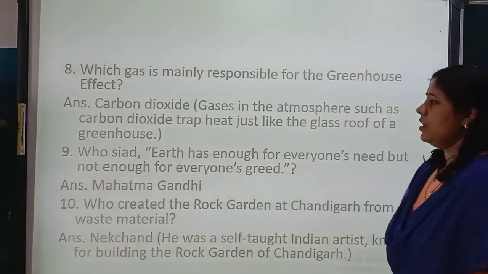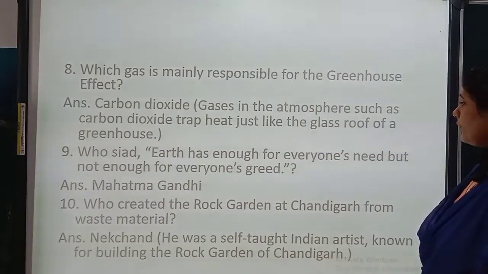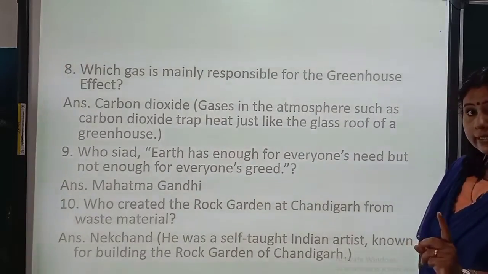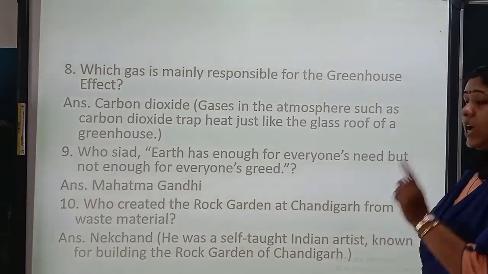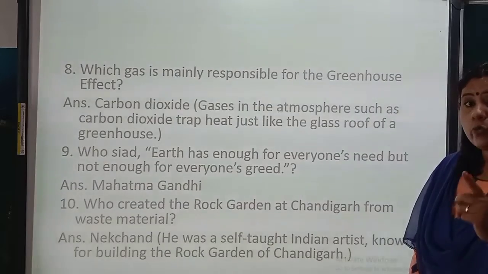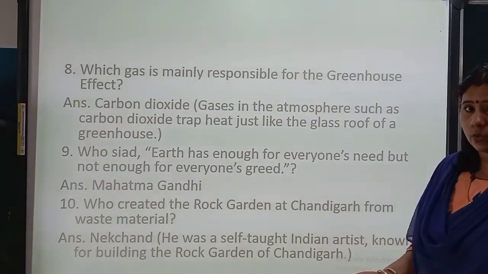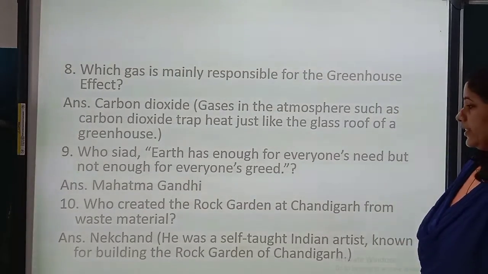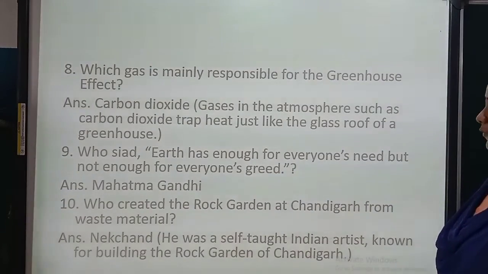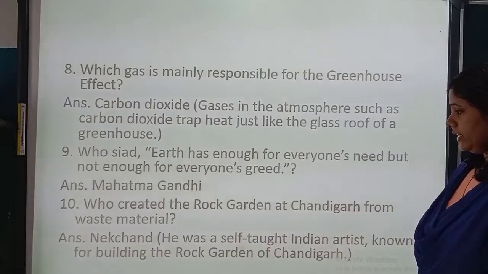Next. Who said earth has enough for everyone's need but not enough for everyone's greed? Answer is Mahatma Gandhi. So use whatever is needed. Don't waste any kind of resources. Next, who created the rock garden at Chandigarh from waste material?